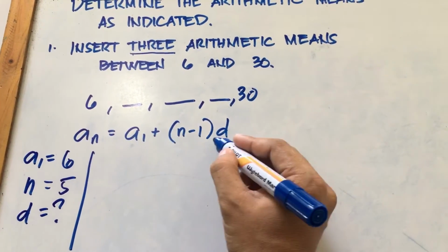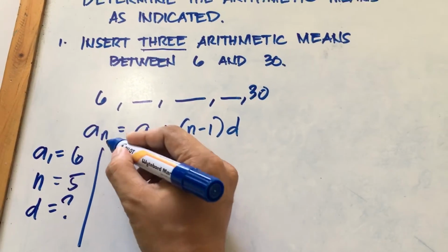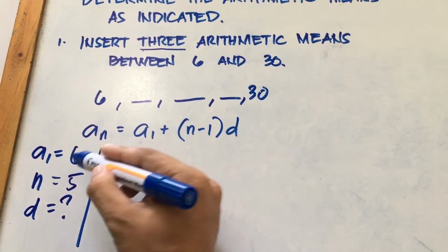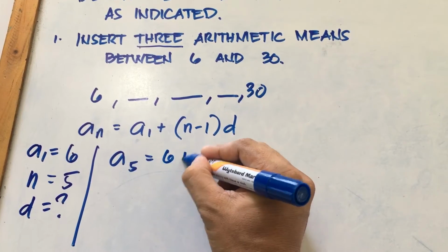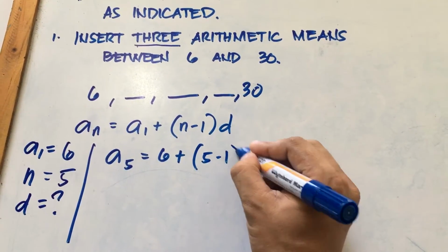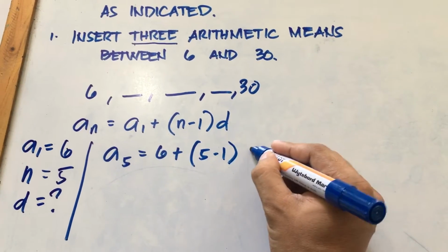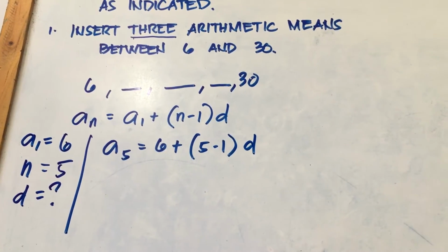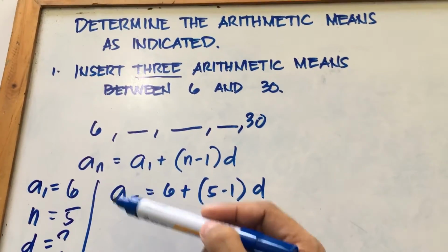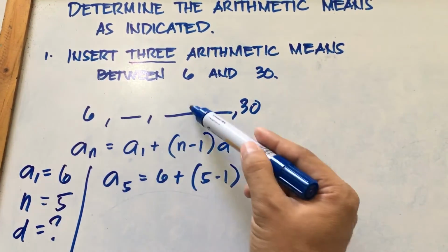So from the formula, what is your n? A sub 5 equals a sub 1, which is 6, plus your n, which is 5, so that is 5 minus 1, times your d, which we don't know yet. Now, what is the value of your a sub 5? That is the fifth term, 1, 2, 3, 4, 5.